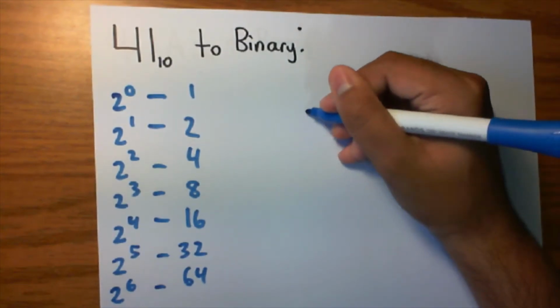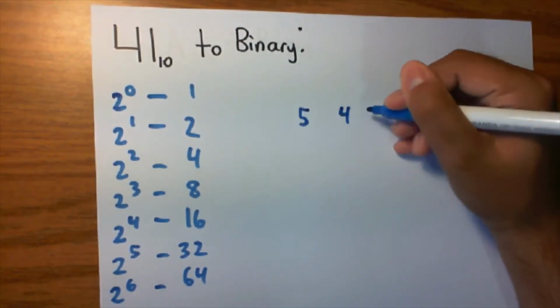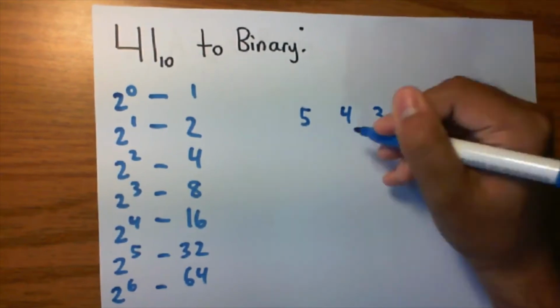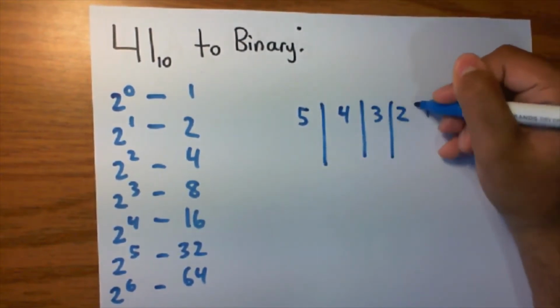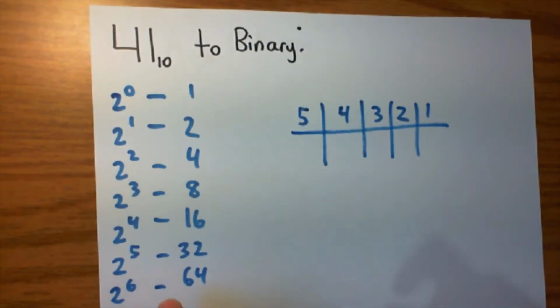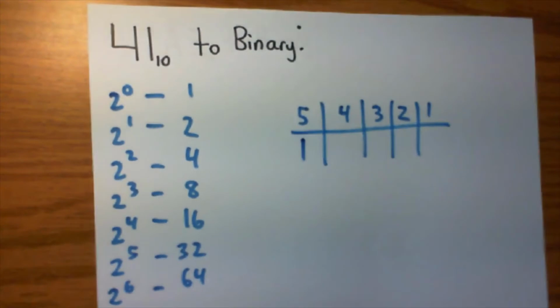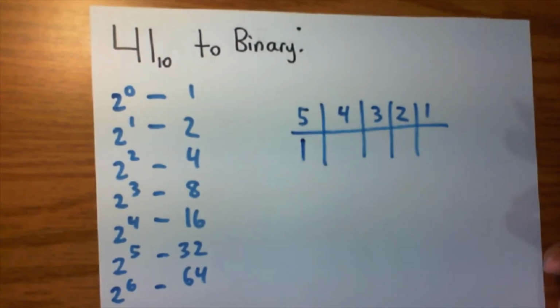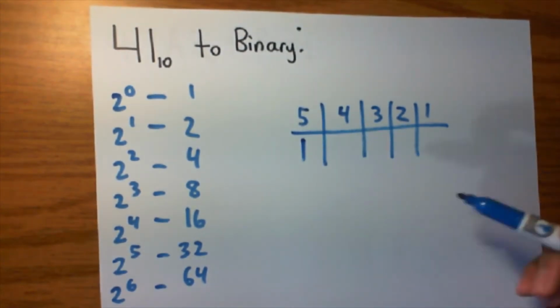So we have 5, 4, 3, 2, 1 different places that we have to deal with for this value. Because 32 only goes into 41 once, we have a 1 there. And really for this, you can't multiply it, because 0 and 1 are the only values.